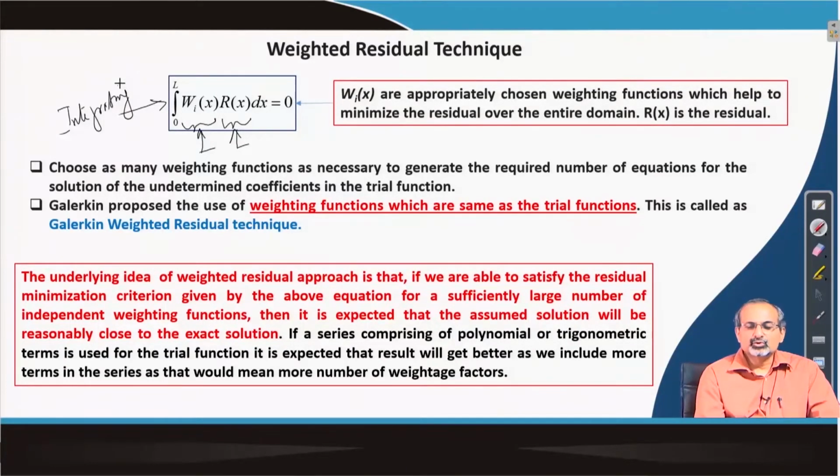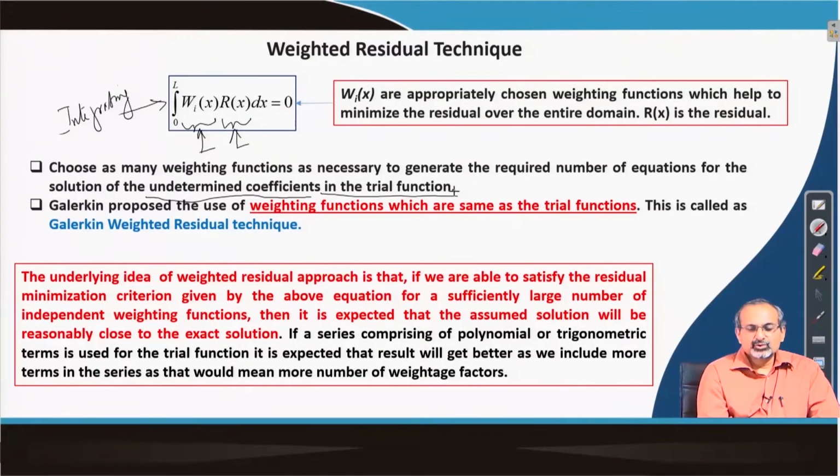Of course, you have to choose the weighting functions appropriately as you do that exercise. You can choose as many weighting functions as necessary to generate the number of constraints that you would like to impose, and that would exactly equal the number of undetermined coefficients in the trial function.